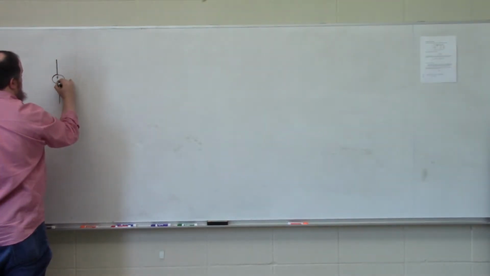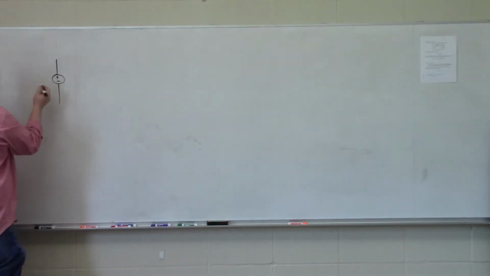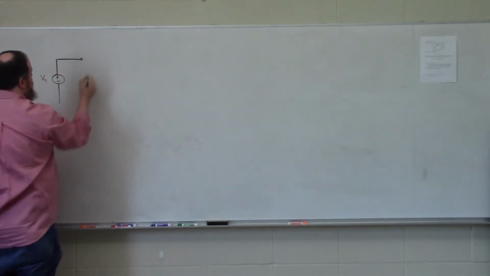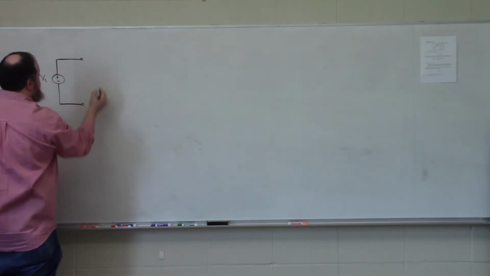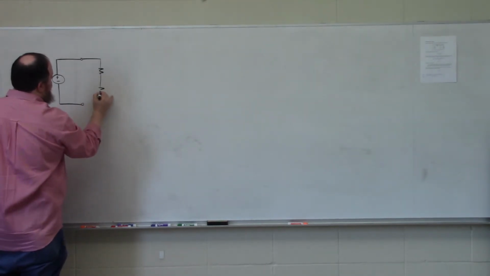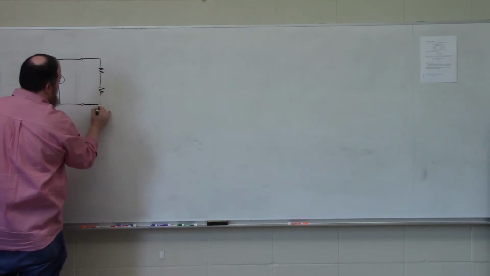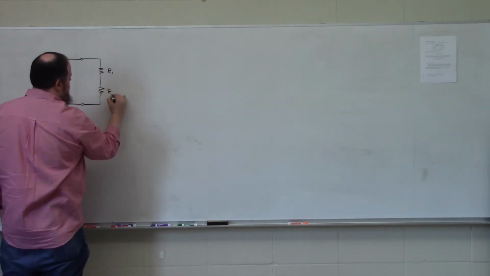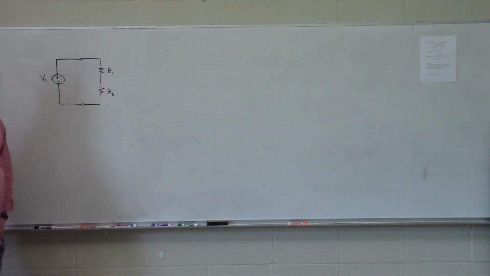Where we have an independent voltage source supplying some voltage Vs to a network that contains two resistors in series. Okay?